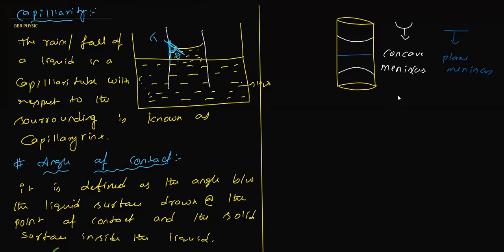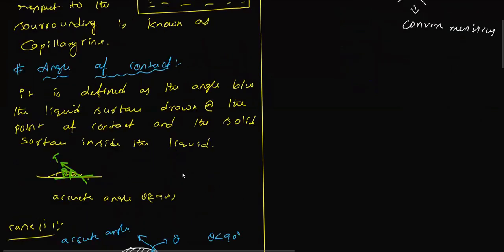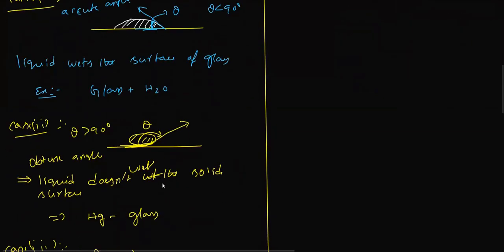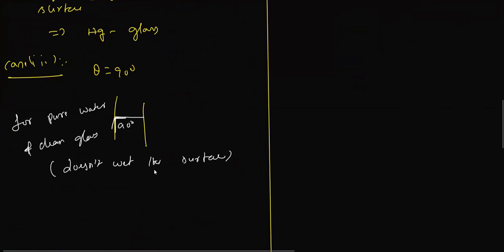We consider that a convex meniscus. So concave meniscus, convex meniscus, all these you can observe here. Depending on the theta value, here we get concave, here convex, and here a plane meniscus.